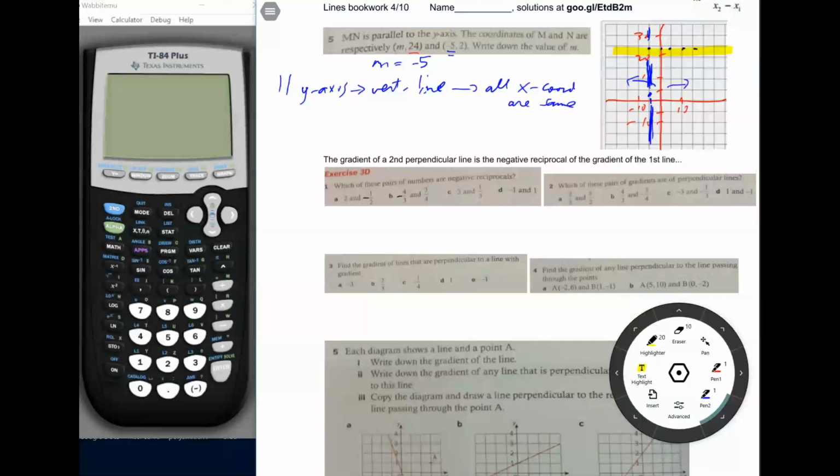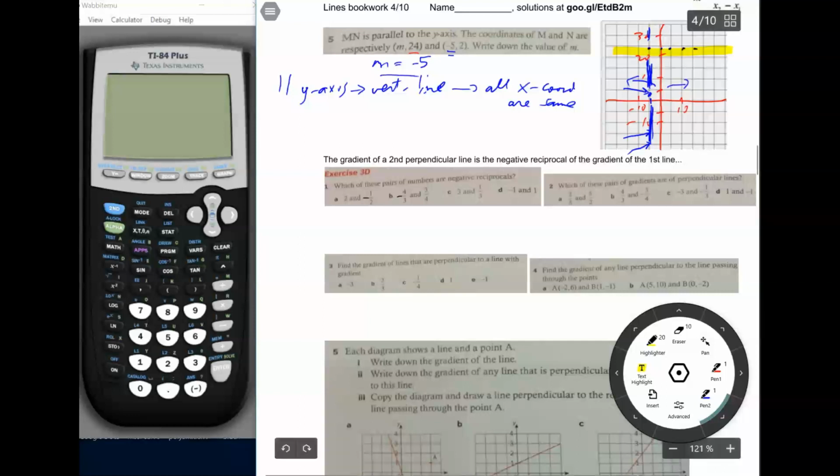Every other point on the line has to be negative 5 something. So we have negative 5, comma 2 here. This point here, for example, would be negative 5, comma 15. And this point here would be negative 5, comma 20, or negative 20. So all the points on the blue line are negative 5, comma something. So that means that M also needs to be negative 5. Right? Okay.